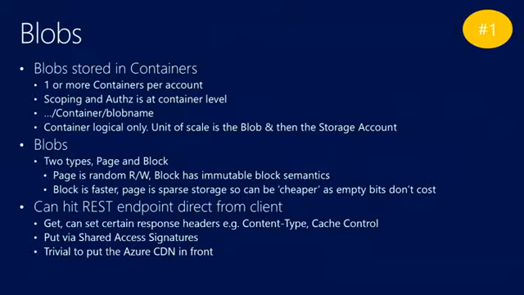You can also use shared access signatures, which let you create a digitally signed URL that can give a consumer a time-bounded write permission set for a particular container or a particular blob. And Azure also sort of supports a CDN, and we'll see why I say sort of shortly, that you can configure to sit in front of blob storage as well.